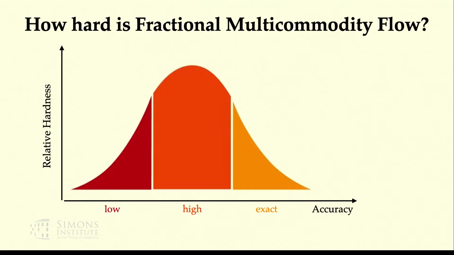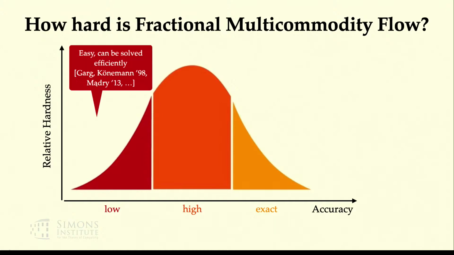But what I'm plotting here on the y-axis is the relative hardness, and this relates to solving general LP in the same accuracy regime. So what I mean by that is, if you want to solve multi-commodity flow to low accuracy, then this is relatively easy with first-order methods. There are many results on that. If you want to go to the high accuracy regime, that would mean your running time should depend on your error logarithmically.